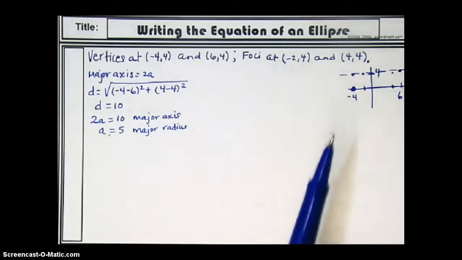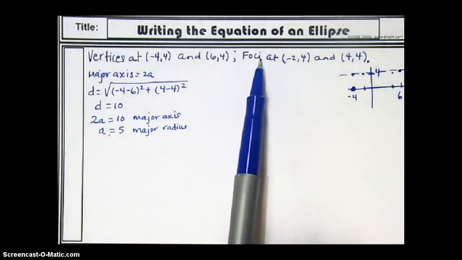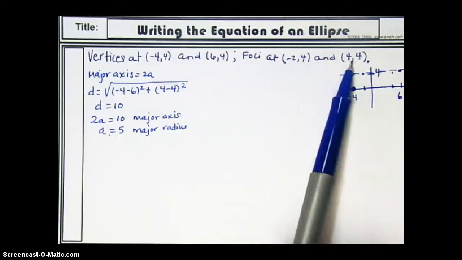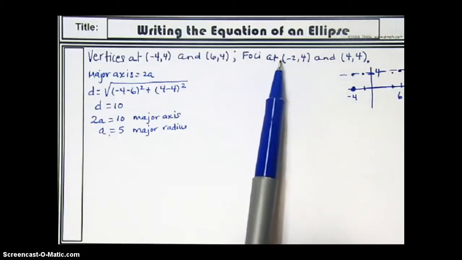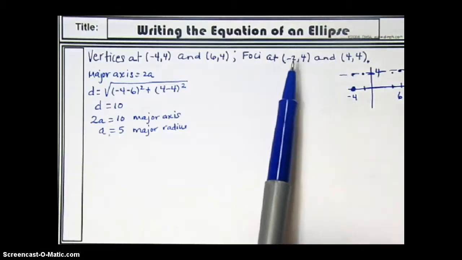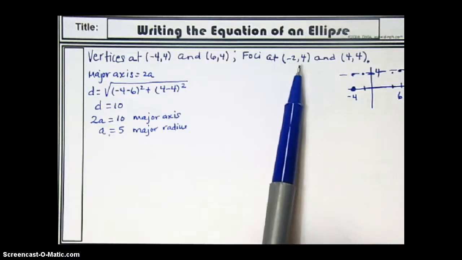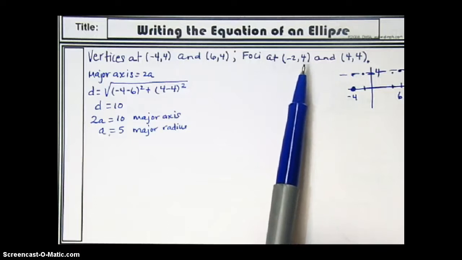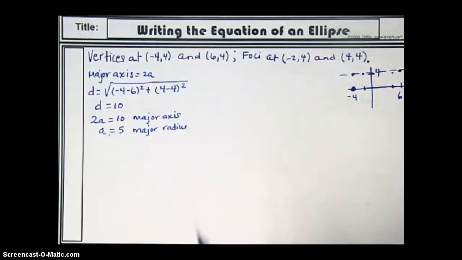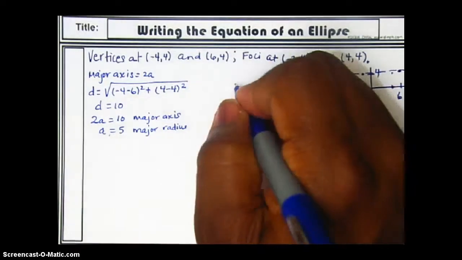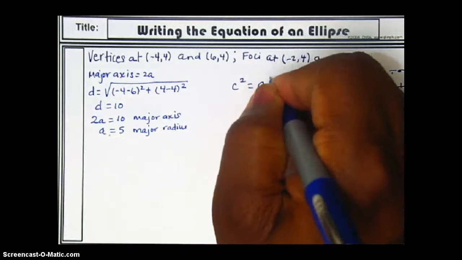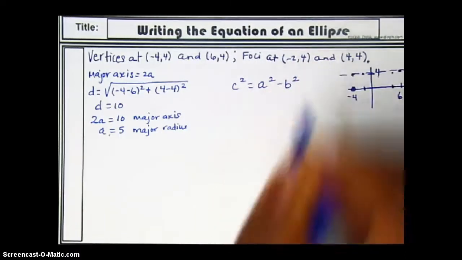Now the other piece of information we're given has to do with the coordinates for the foci, and there is a special relationship between the major radius, the minor radius, and c, which is the focal length, and that relationship is that c squared equals a squared minus b squared.